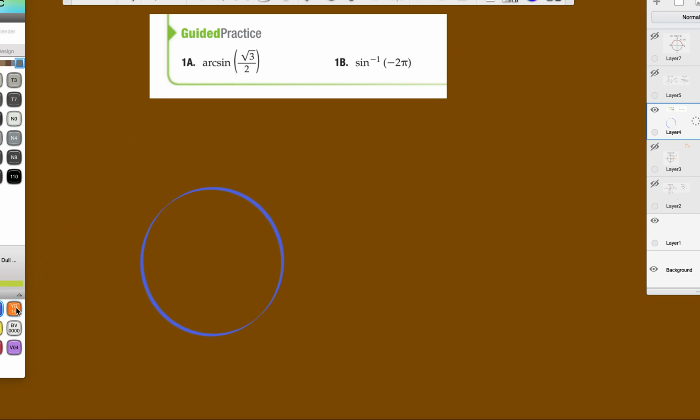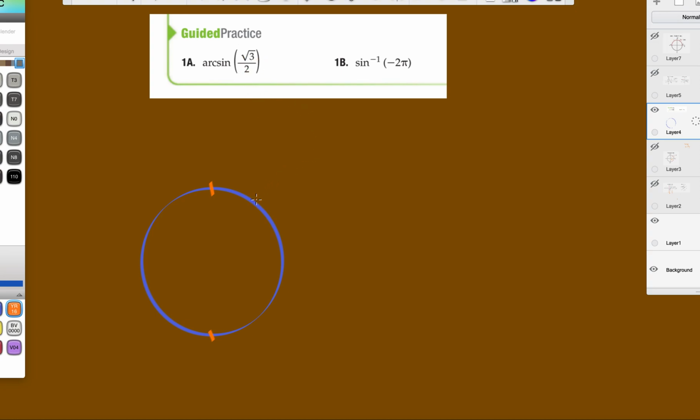Let's think of a spot between here and here, and look on your unit circle: where is it that the y value in the coordinate pairs is root 3 over 2?